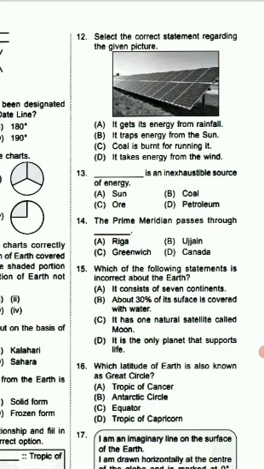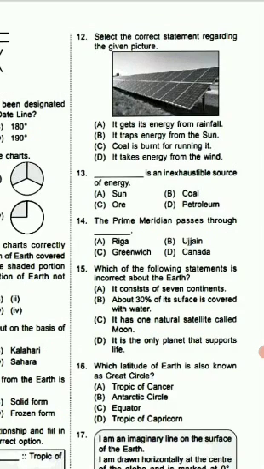Number 15. Which of the following statements is incorrect about the earth? There are four options. A. It consists of 7 continents. B. About 30% of its surface is covered with water.